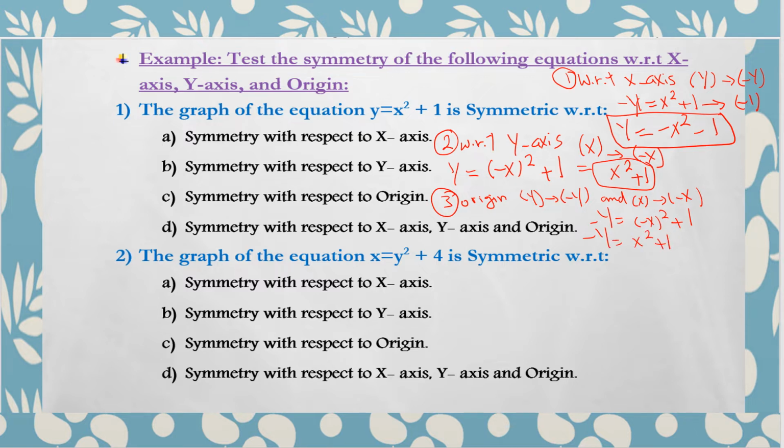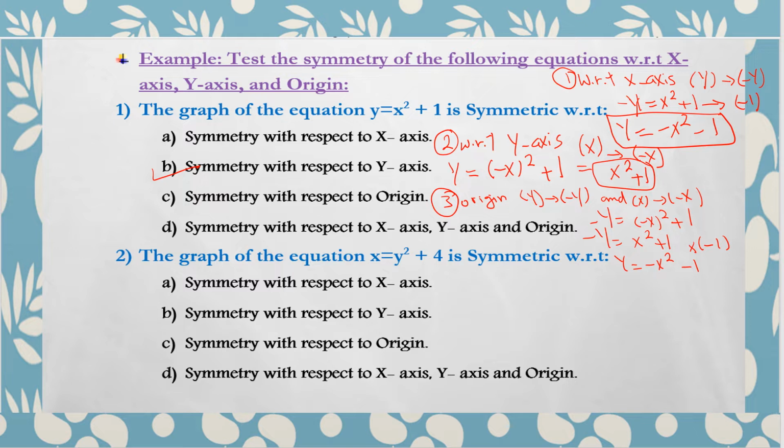But here we just need y, so multiply both sides by negative 1. We get y equals negative x squared minus 1, and this is not equivalent to the original equation. So by testing the equation algebraically, we find that the graph is symmetric with respect to the y-axis only, and the correct answer is B.